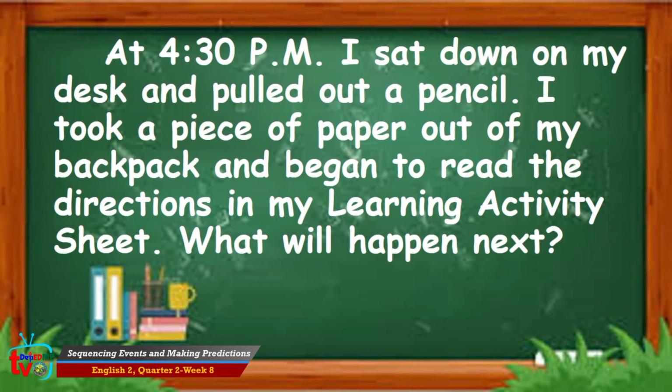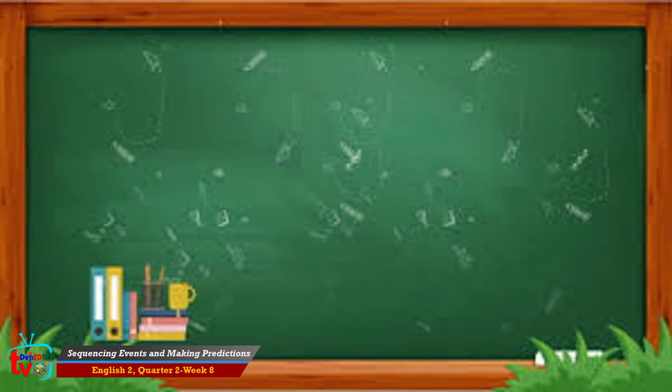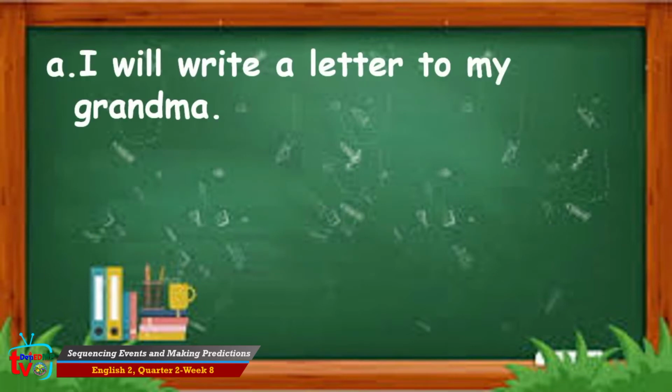Here is another example. At 4:30 p.m., I sat down on my desk and pulled out a pencil. I took a piece of paper out of my backpack and began to read the directions in my learning activity sheet. What will happen next? The choices are: letter A, I will write a letter to my grandma.